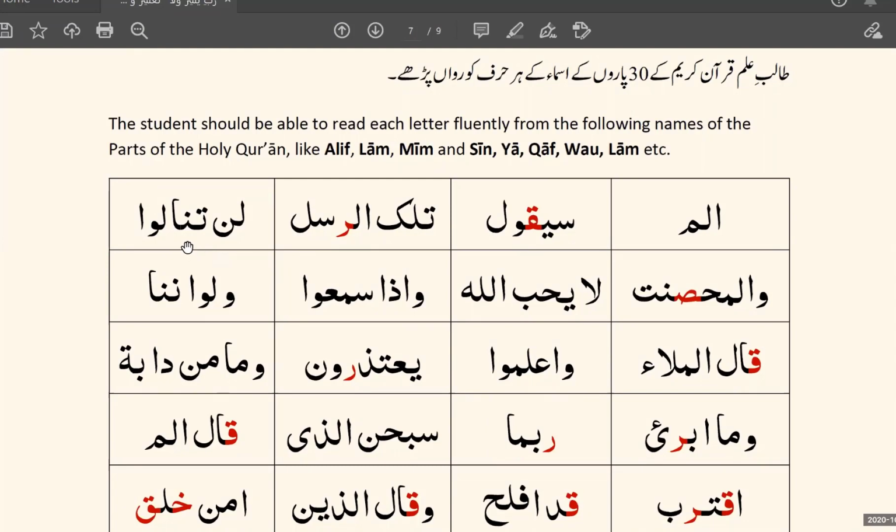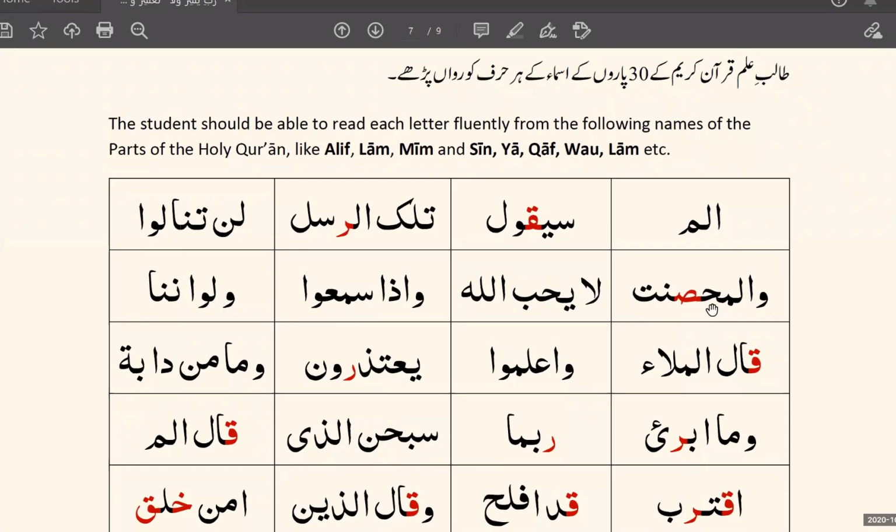Ta. Noon. Lam. Alif, alif. Ta, noon, alif. Alif. Lam. Waw. Alif. Waw. Alif. Lam.